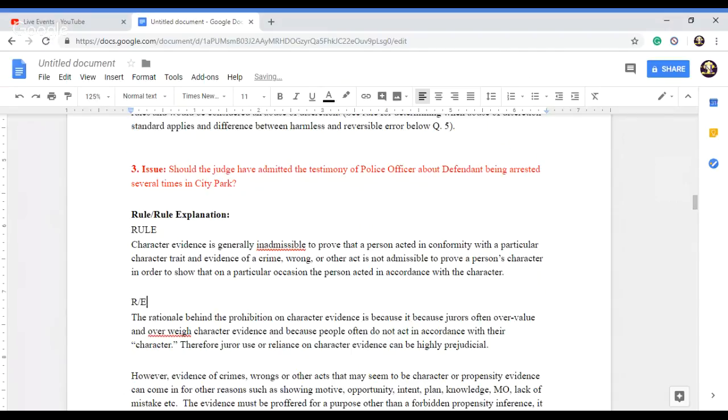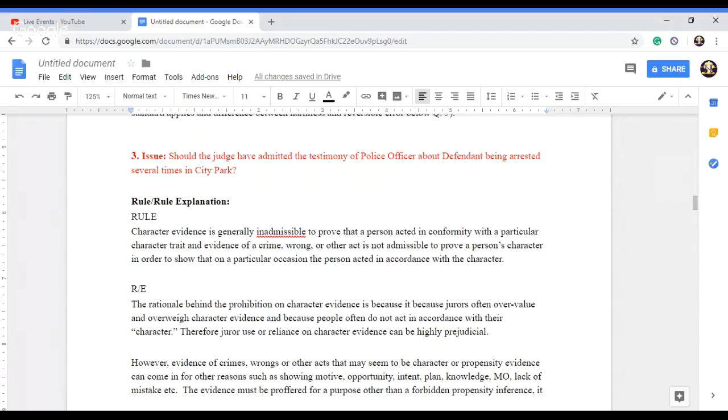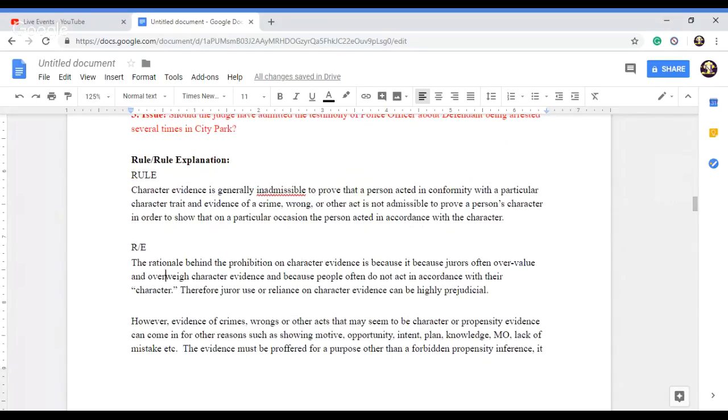The rationale behind the prohibition of character evidence is because jurors often overvalue and overweigh character evidence, and because people often do not act in accordance with their character. Therefore, jurors' use or reliance on character evidence can be highly prejudicial. So we've taken out and we've understood now.